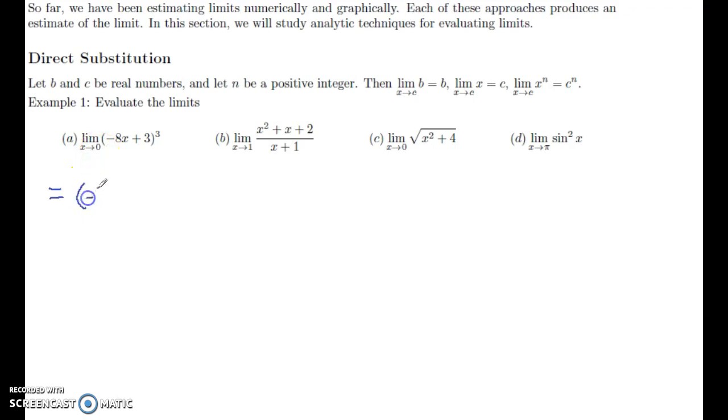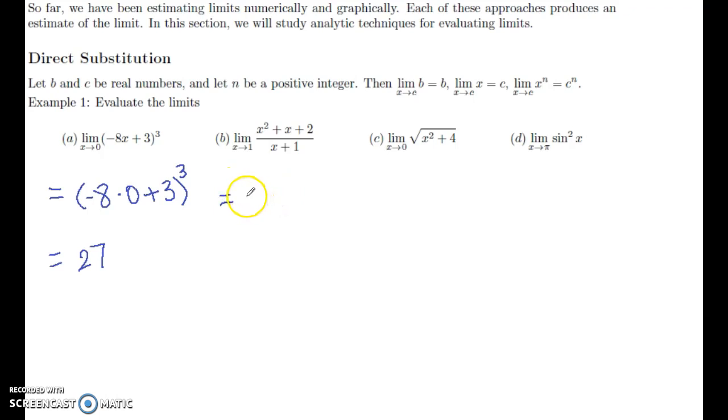So we have negative 8 times 0 plus 3 to the third power. Now make sure you use a calculator. It's just 3 to the third power, so it's 27. That's the limit.